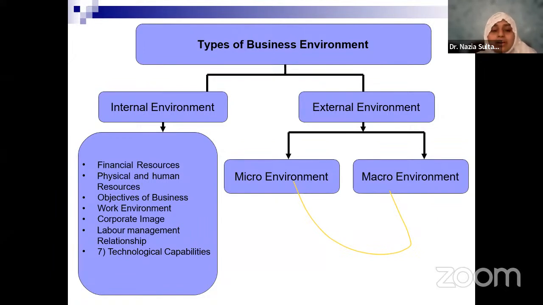Under internal environment, there is also one company called McKinsey, a research company that did research on how companies manage themselves. They talked about the 7S framework, just to add a little bit to the internal environment.